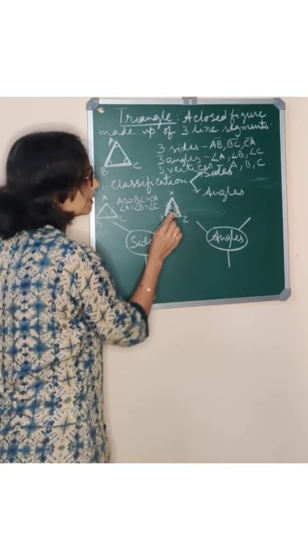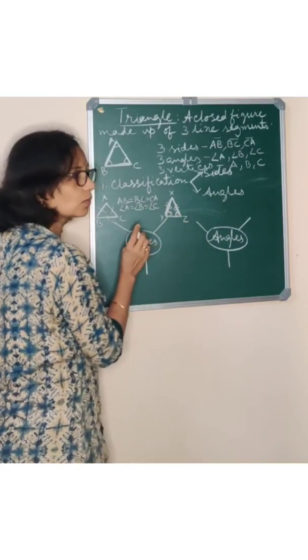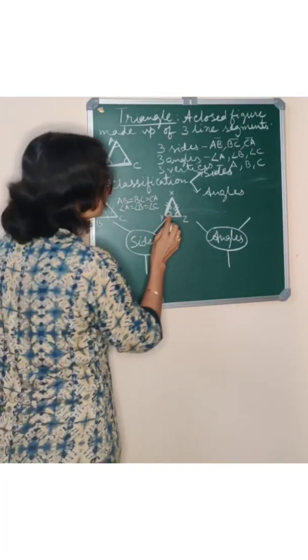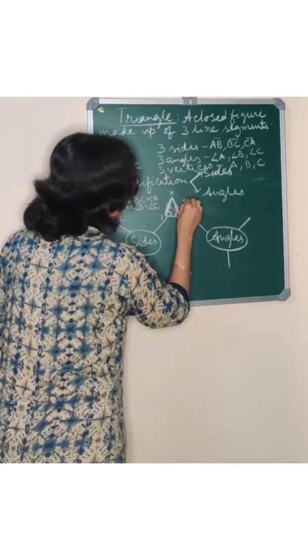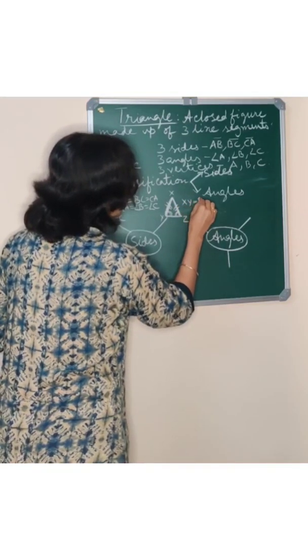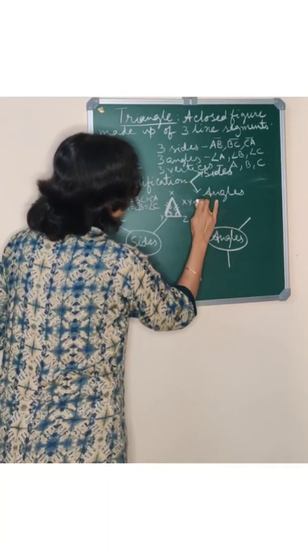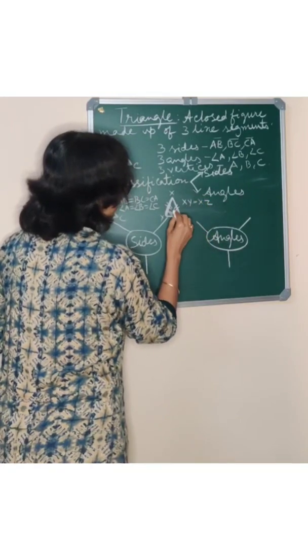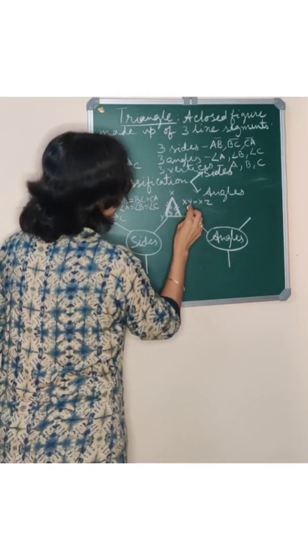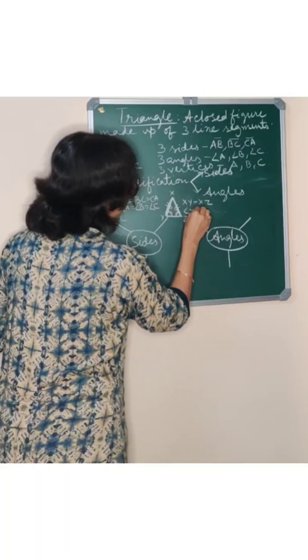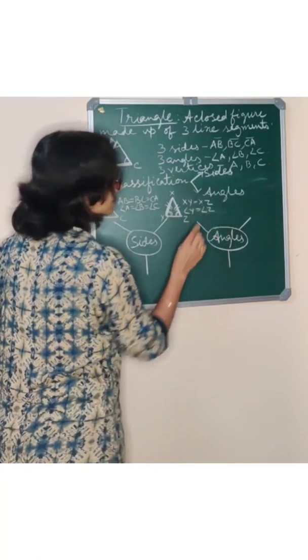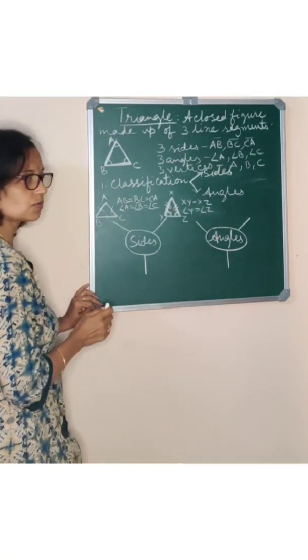So XY is equal to XZ, and angle Y is equal to angle Z. This is your isosceles triangle.